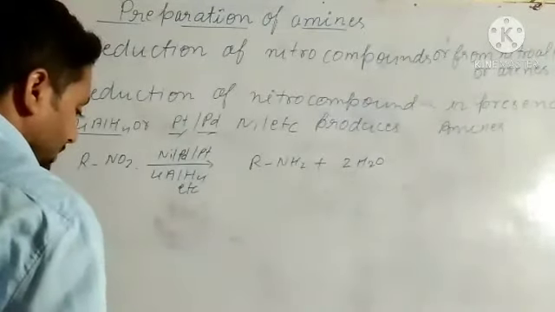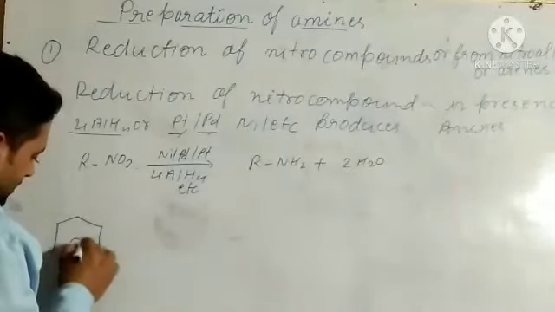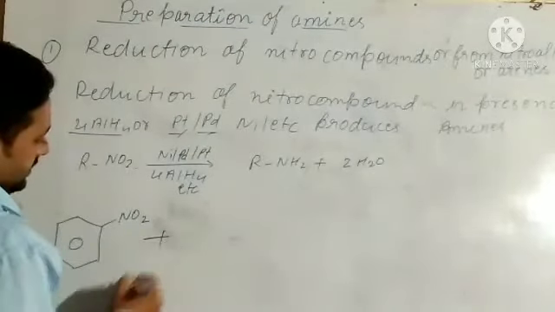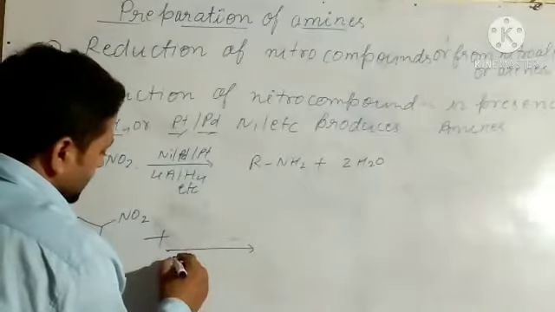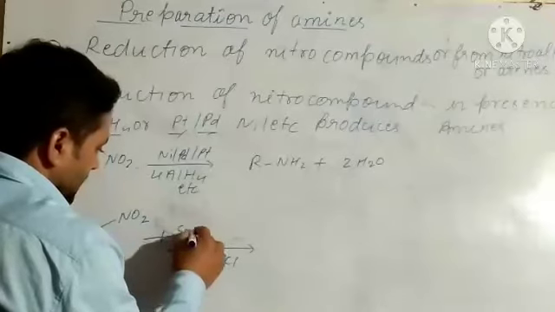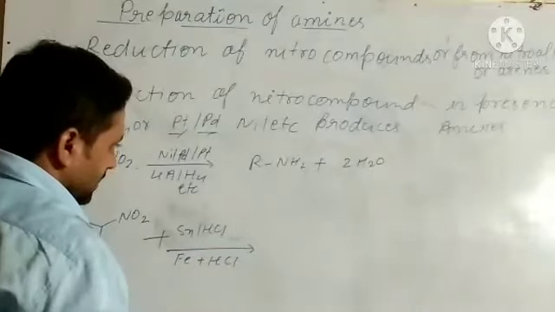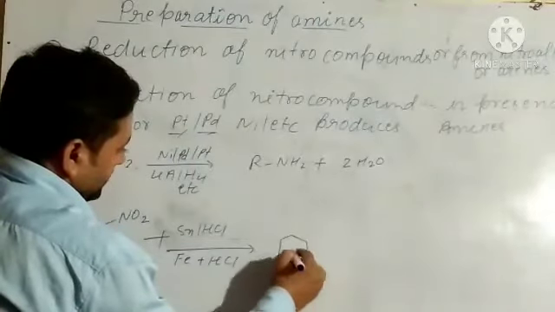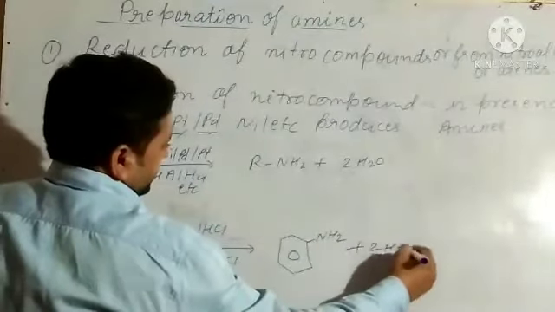So let us see here. We can take nitrobenzene and react it with Fe plus HCl, Sn plus HCl, etc. It gives aromatic amine and 2H2O.